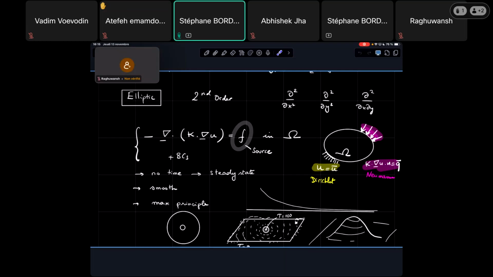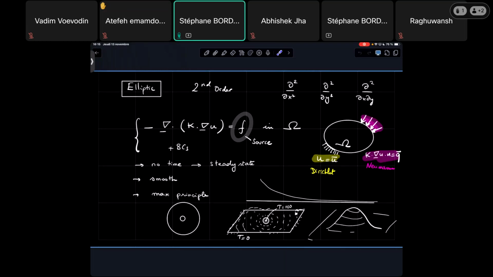Okay, so then again, now if we look at this in a sort of more detailed way, so the elliptic case is a second order partial differential equation. Why second order? Because we have here second order derivatives. So we have here two derivatives up and down. So this is a second order equation, and it has obviously boundary conditions.